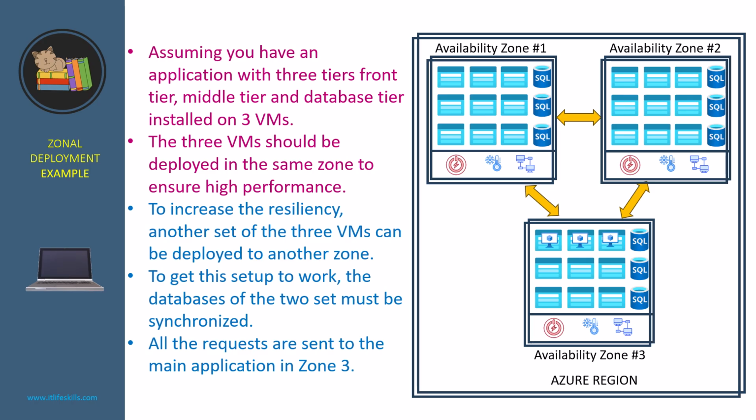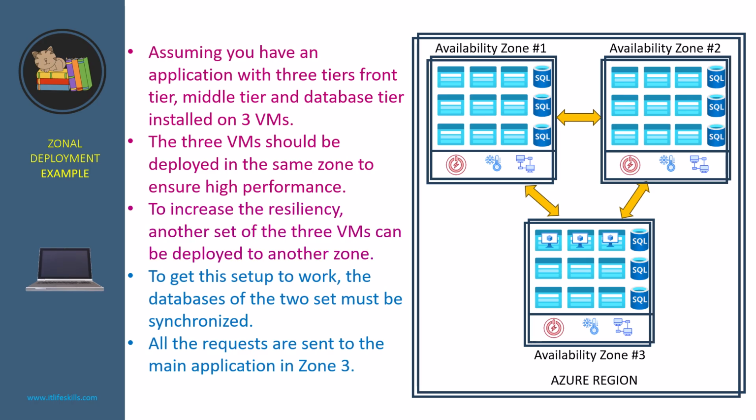You should not deploy the VM of each tier in different zones as it will reduce the performance of the application. And if a VM in a tier is down, then the application malfunctions anyway.